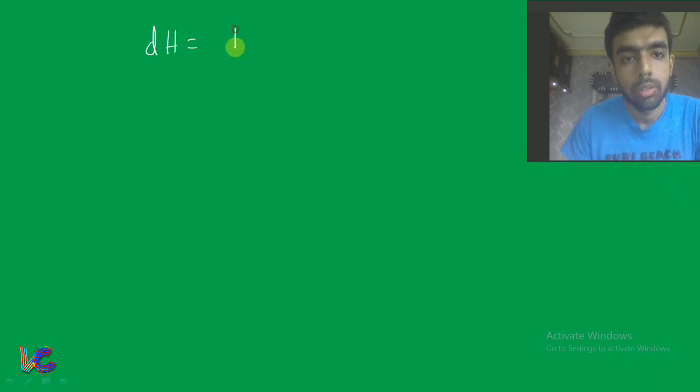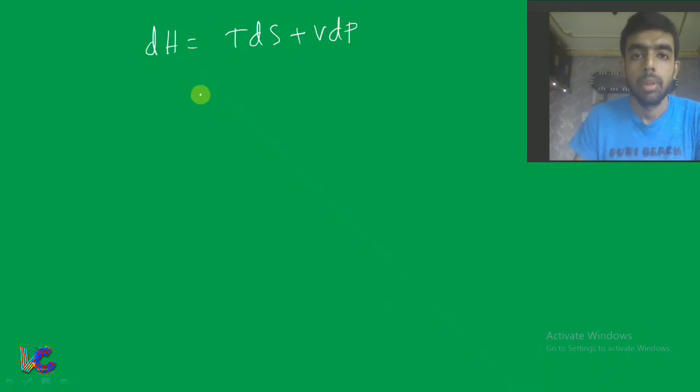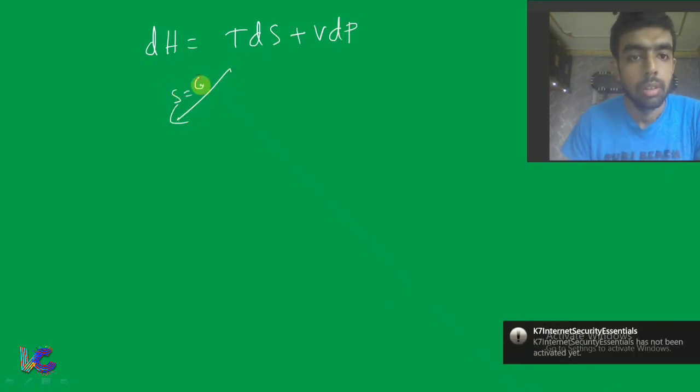dH is equal to TdS plus VdP. Fine. Now you consider S equal to constant.